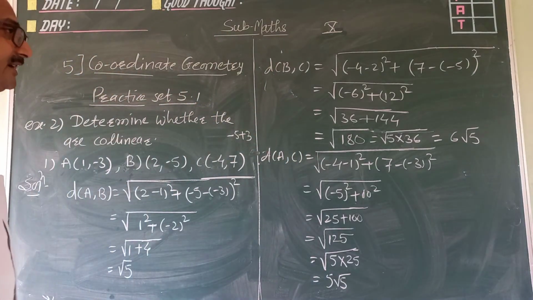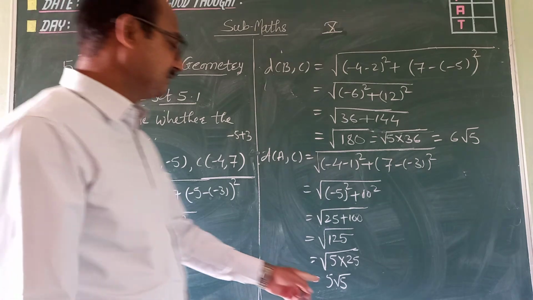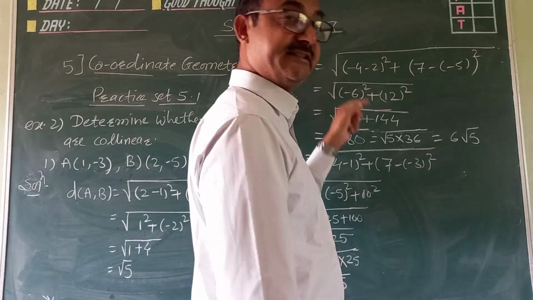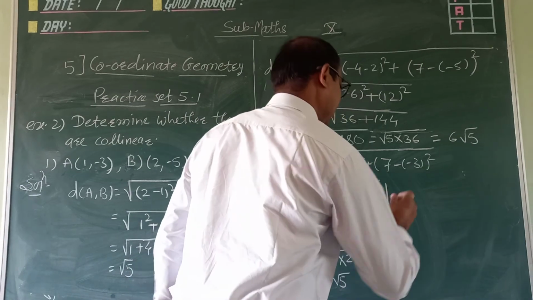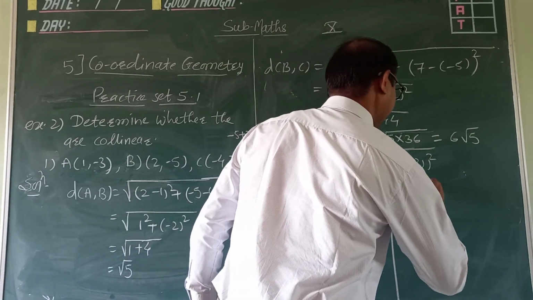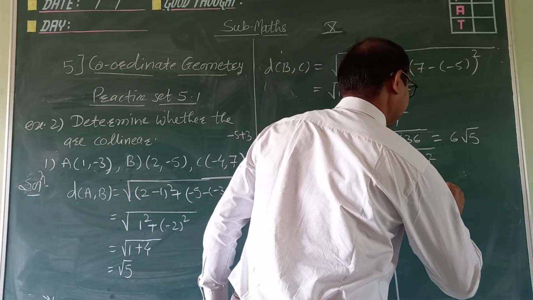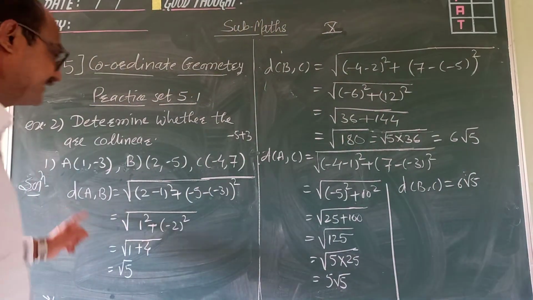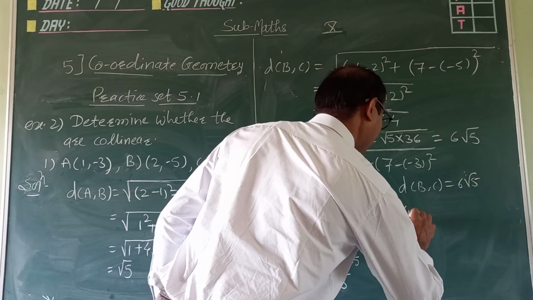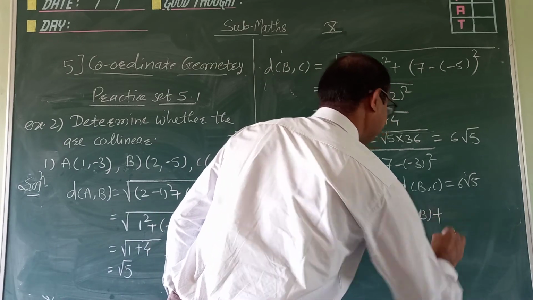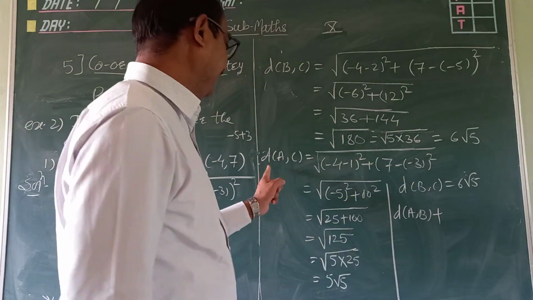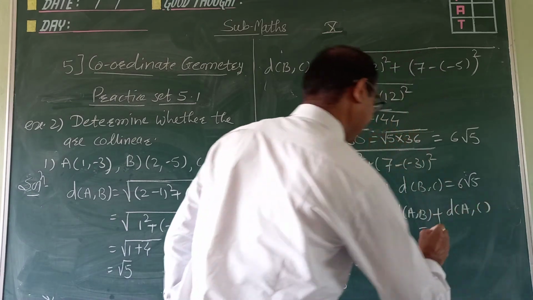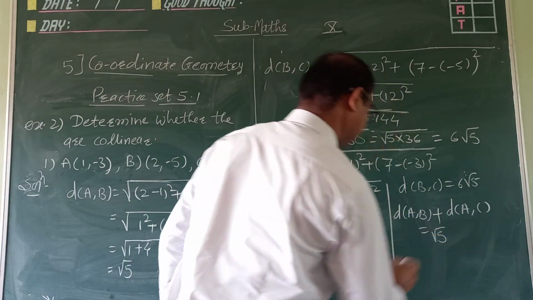So observe, the bigger distance is what? AB is root 5, AC is 5 root 5, and this is 6 root 5. This is the big one, BC is the big one. So your distance BC we will keep as it is, 6 root 5. Then the remaining two distances, the smaller distances, AB plus AC.